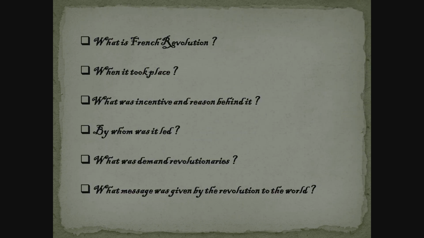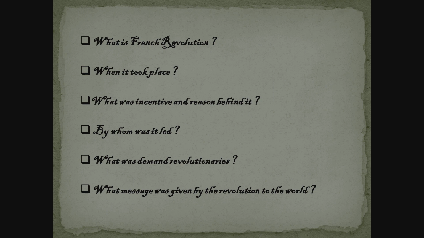First of all, before starting this lesson, there must be a few questions in your mind. As we move forward, always keep these questions in mind so that you will understand the lesson better. First question: what is the French Revolution? When did it take place? What was the incentive and reason behind it? Why did it happen? That we will see in the lesson. By whom was it led? Who were the heroes in this? Was there any bloodshed in this revolution?